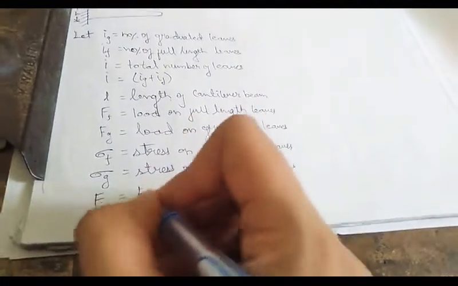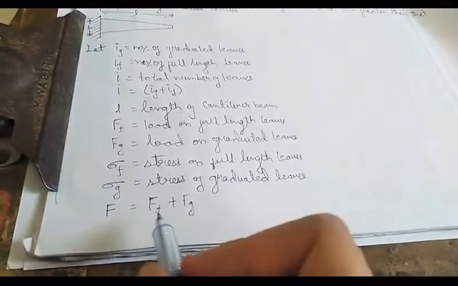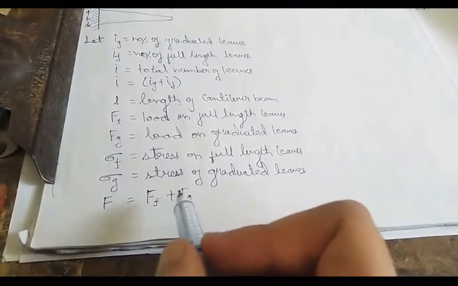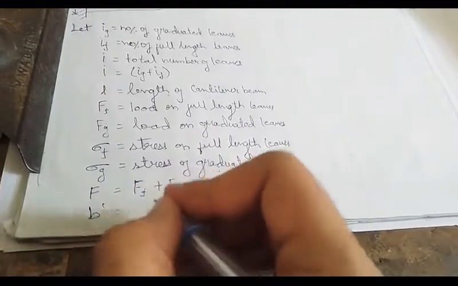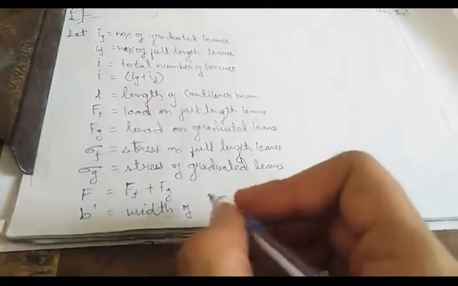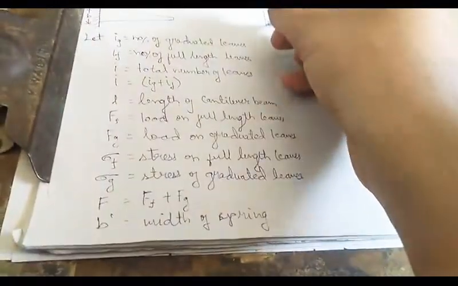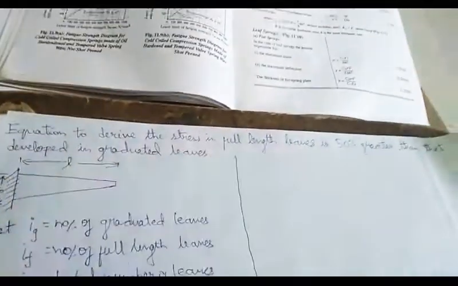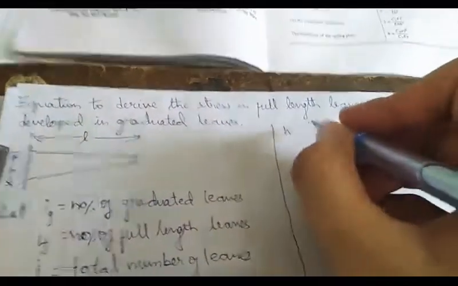F is equal to Ff plus Fg, because the total force is equal to the forces on full length leaves and forces on graduated leaves. B dash is equal to the width of spring and H be the thickness of the spring.